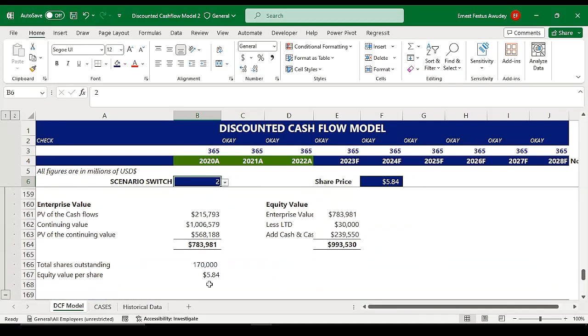So look at this. When I select number 3, the equity value per share changes dynamically, and that's what we have here as the share price. All right, so when I come to my base case, which is number 1, I have it there. So this is what we did.